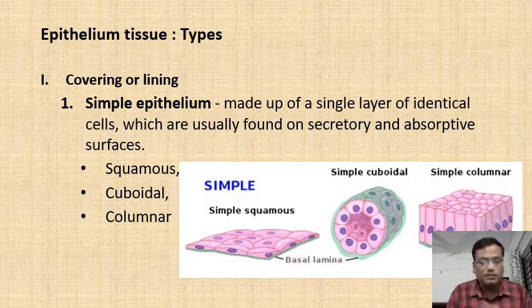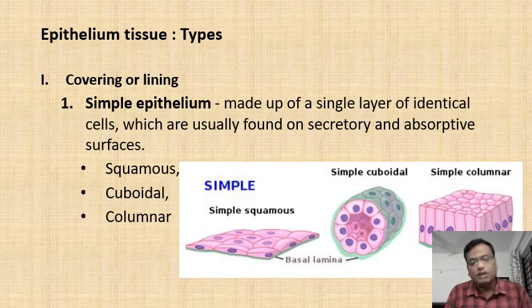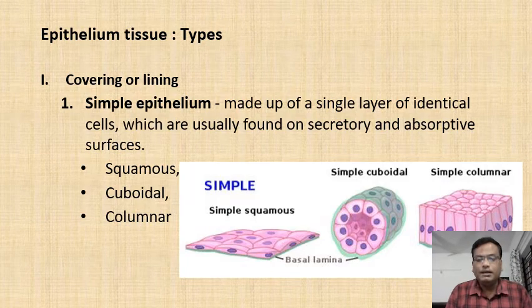In sections, the squamous cells actually appear spindle shaped, but we can simply consider them as flat cells. Cuboidal, as the name suggests, the shape of the cell is cube-like. And the third one is columnar. Here the cells are tall, pillar-like.